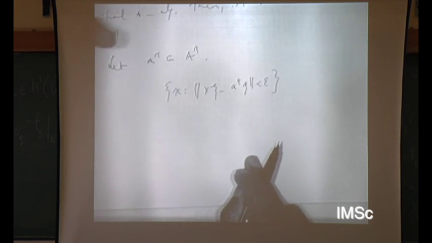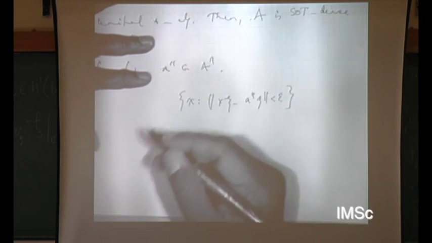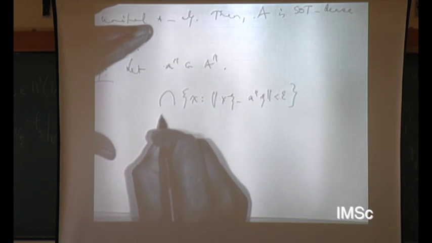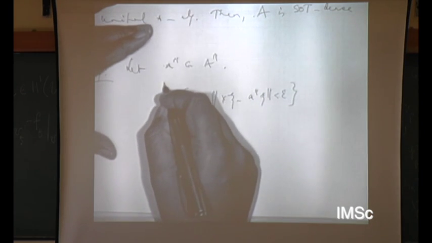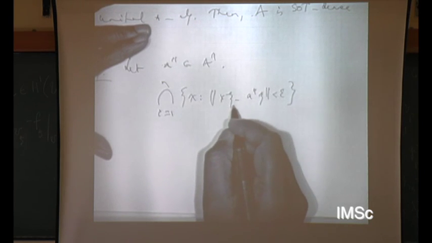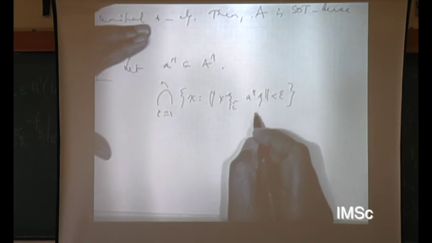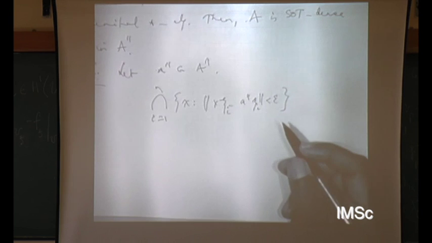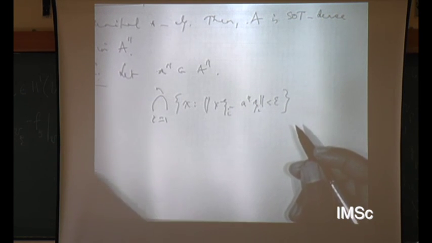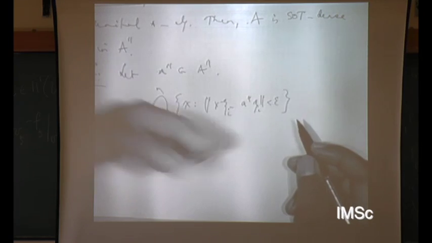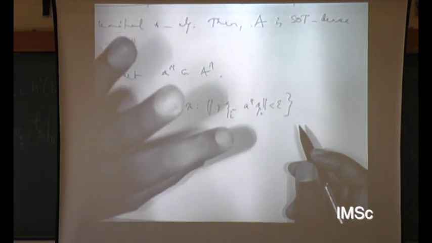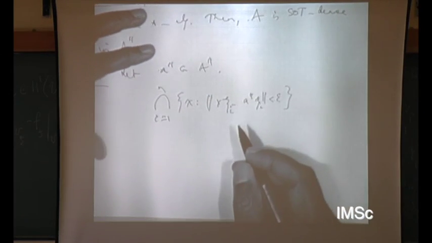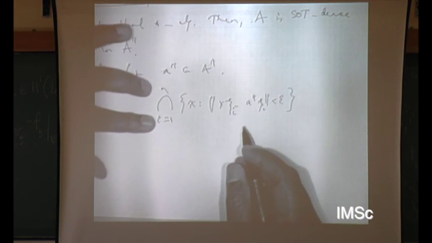So to get a basic open neighborhood, you must intersect finitely many of these things. That means you must take something like intersection i equals 1 to n of norm of x xi i minus A double prime xi i less than, you can write epsilon i, but actually you can write one epsilon, that's enough. You can take the smallest of those, and that will also be a basic open neighborhood contained in the other basic open neighborhood. So things like this form a basic open neighborhood of A double prime.